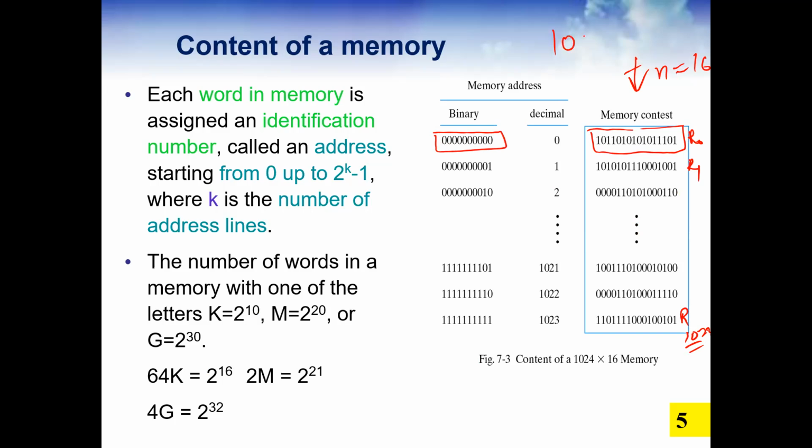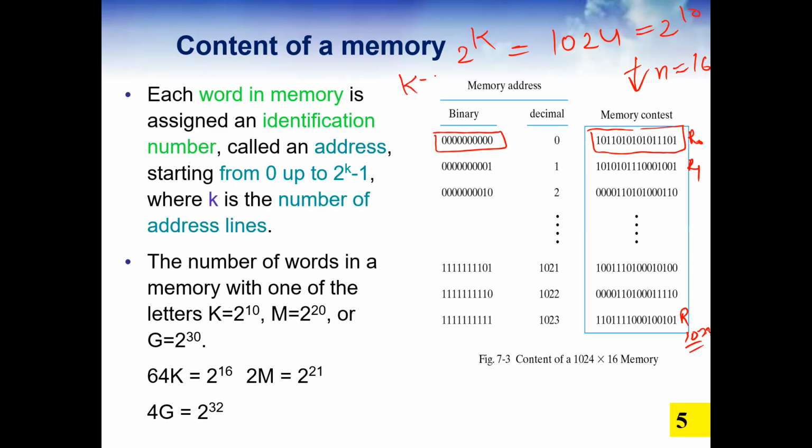How many? 1024 different registers. Now I want to find how many bits I need to have 1024 different addresses so that I can assign a unique address to each register. This can be written as 2^k, and that will be 2^10.